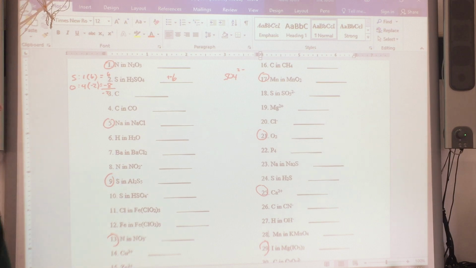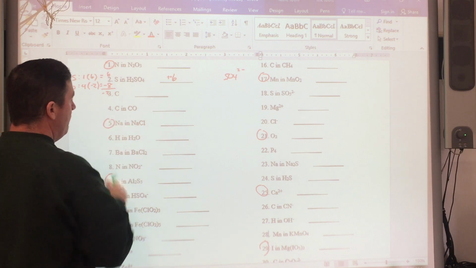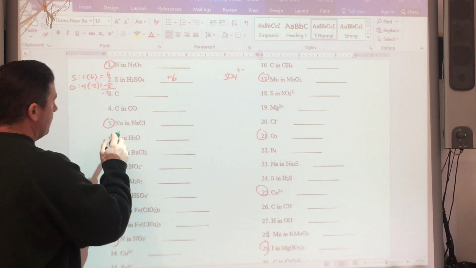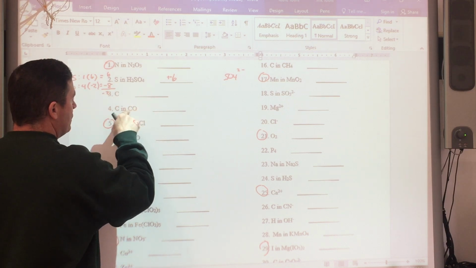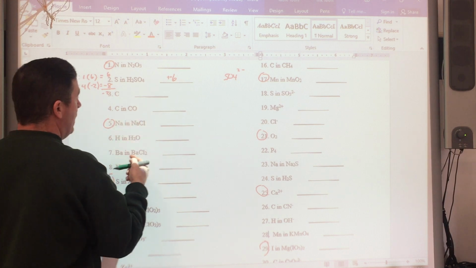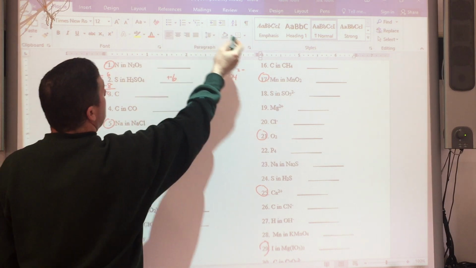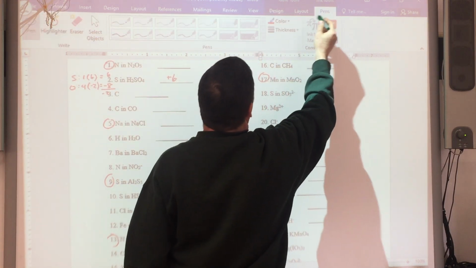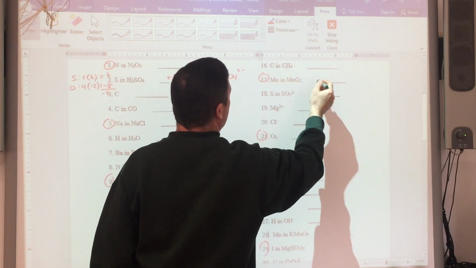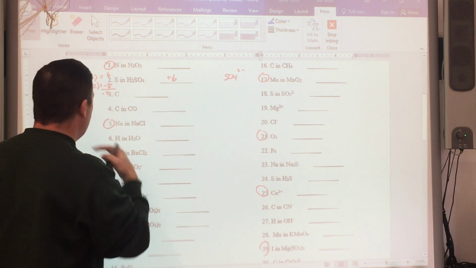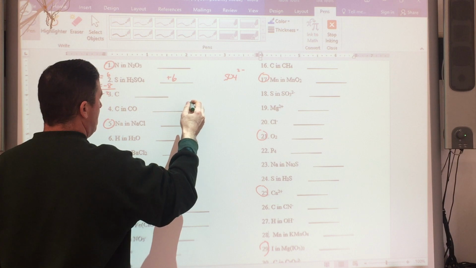Okay? Let's try number 4. Actually, I misspoke. So carbon monoxide, CO. This is a neutral compound. I should do the odds over here, but it doesn't really matter. Let's change colors again and make it blue, I guess. Okay, so carbon monoxide. Let's do it over here. We've got some space.